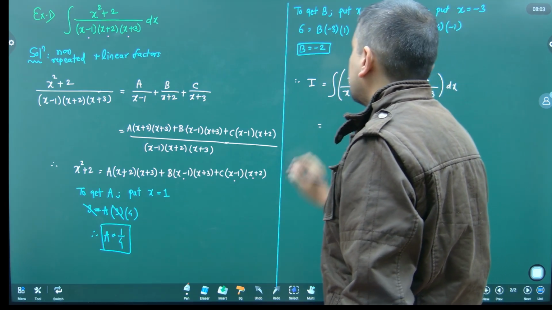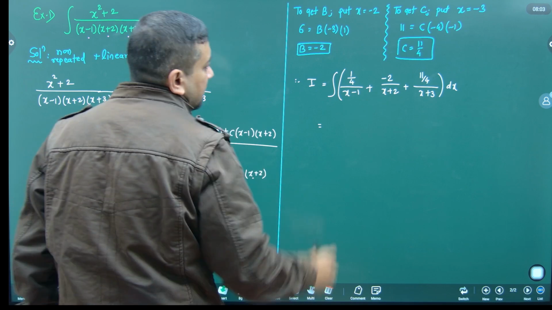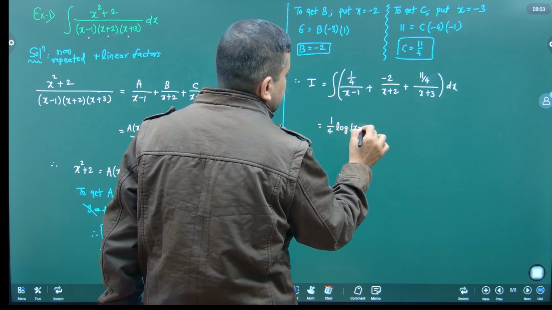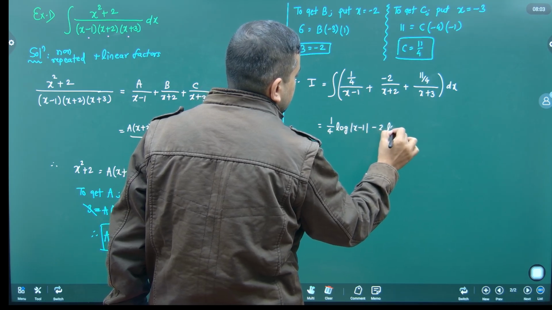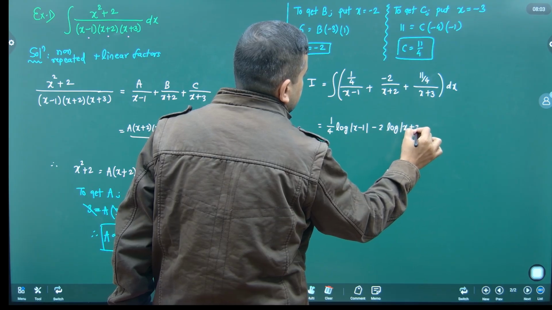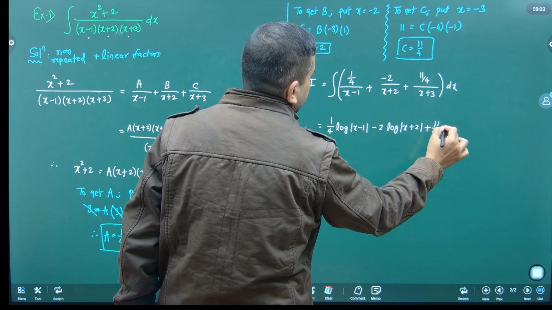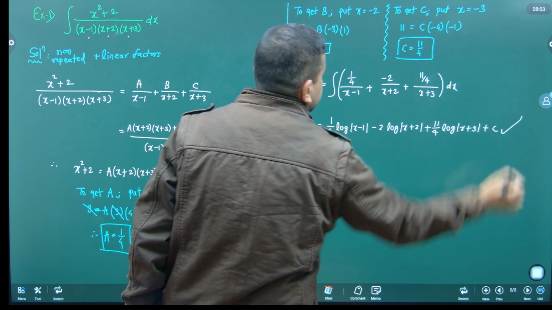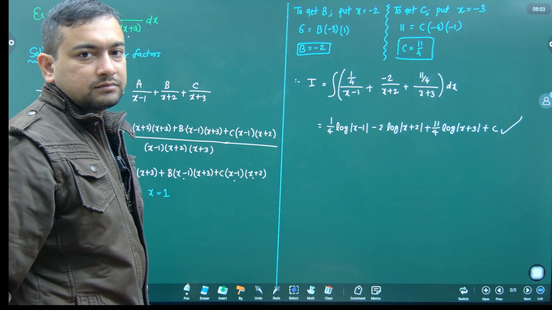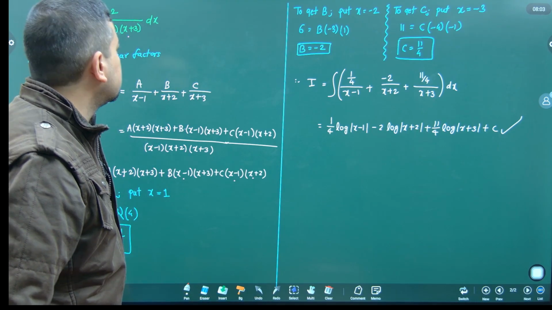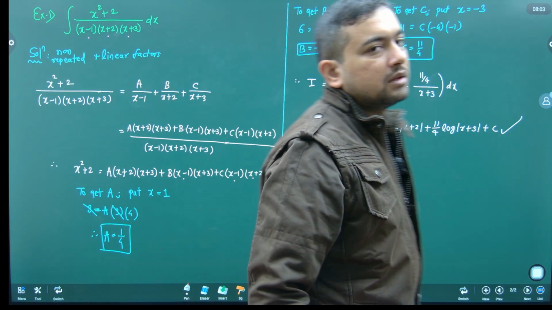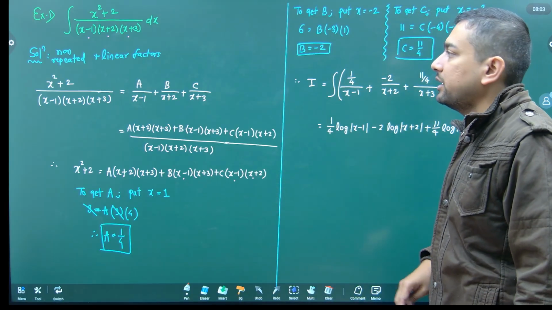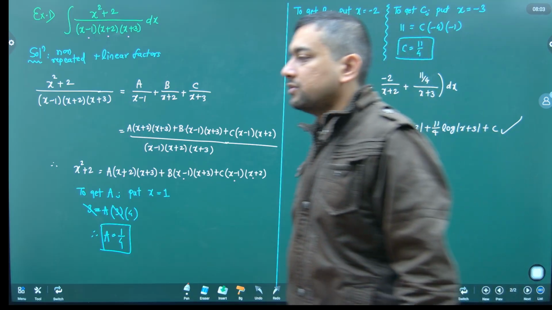Let us find the integral. It will be 1 by 4 log x minus 1 minus 2 log x plus 2 plus 11 by 4 log x plus 3 plus c. So this is how you convert the given fraction into partial fractions, and this is the procedure to find the integral. So the first example is clear.